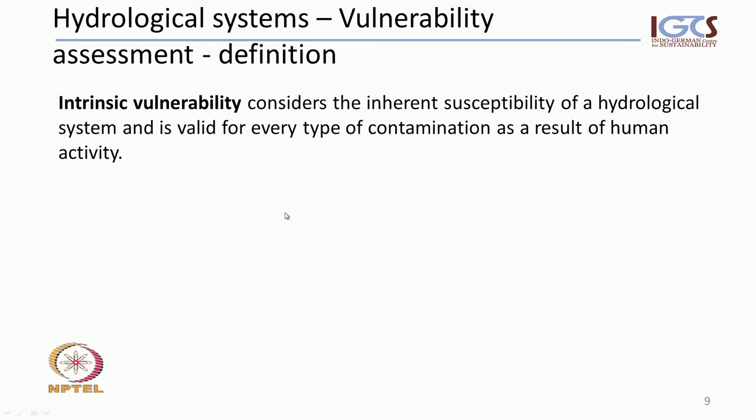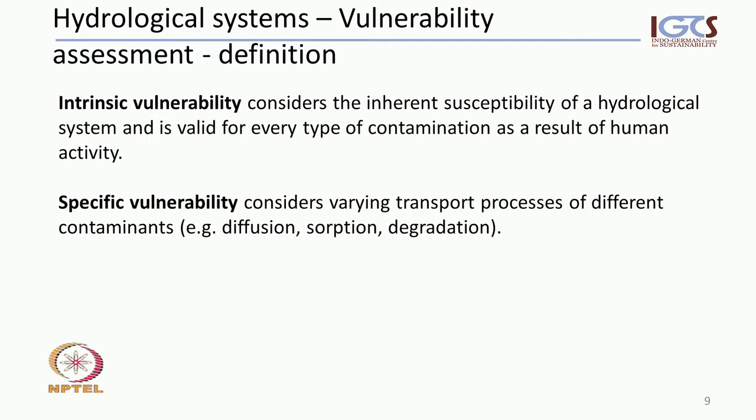Now, hydrological systems are very special, and for that reason we also differentiate vulnerability in a slightly more specialized way. First we use the term intrinsic vulnerability, which considers the inherent susceptibility of hydrological systems and is valid for every type of contamination as a result of human activity.